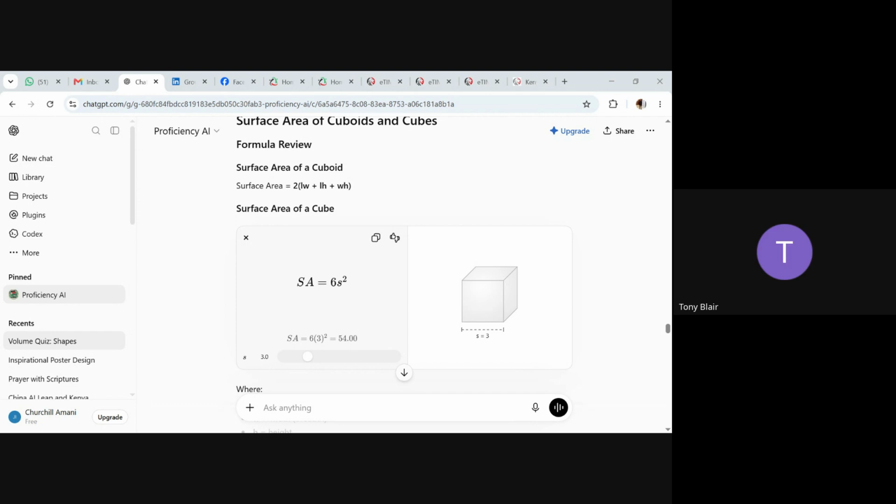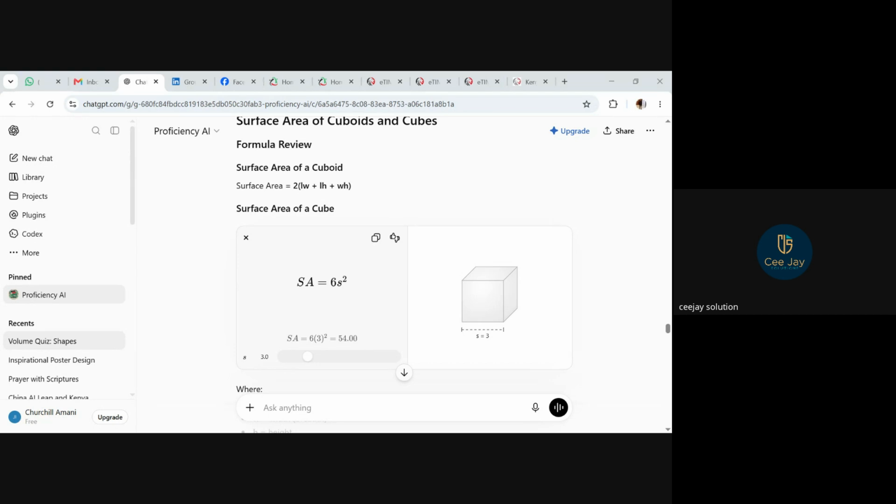Basically, what's the formula for a cuboid? For a cube, the shapes are similar, that is, all the sides are equal. So what I can suggest you do is use the formula that has been shared, 2 into bracket s times s plus s times s plus s times s.